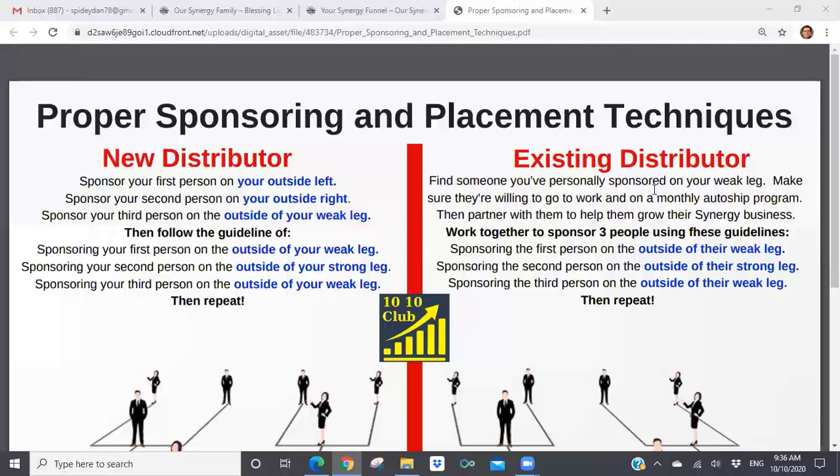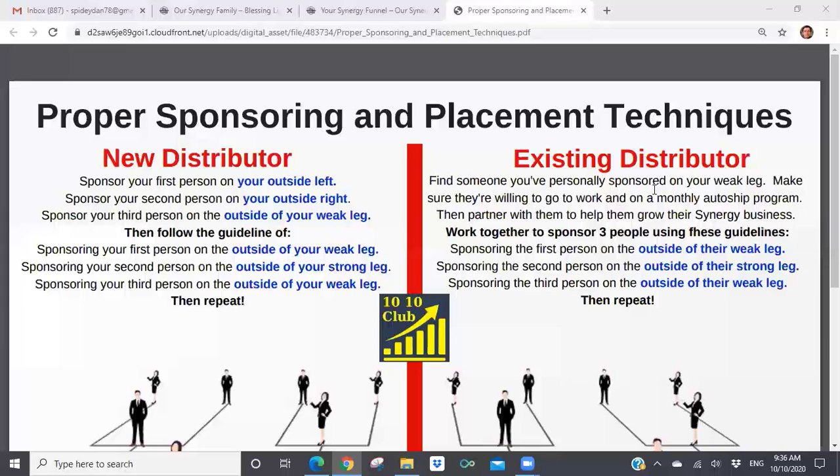And if you do that process, you're going to help that distributor grow his or her Synergy organization faster, especially if you're putting active distributors in. That's going to create more organizational value in your lesser leg. So that's going to increase your basic commissions.